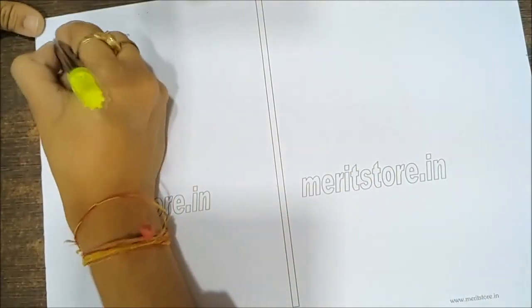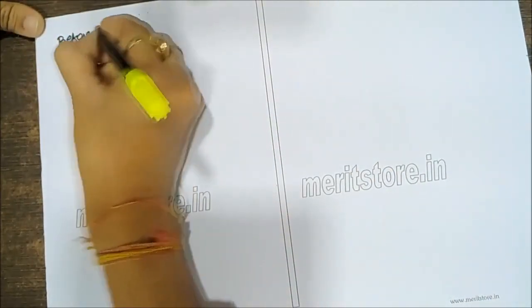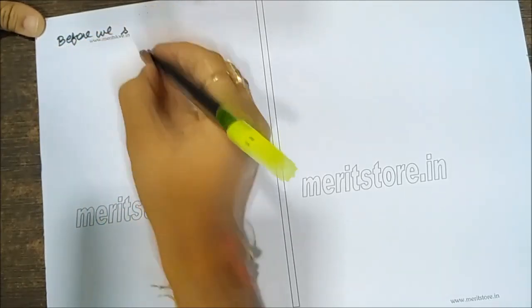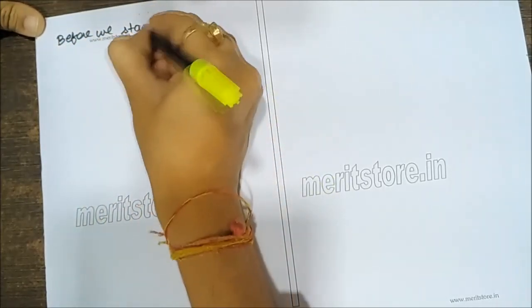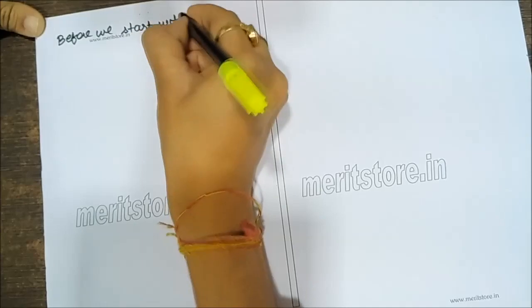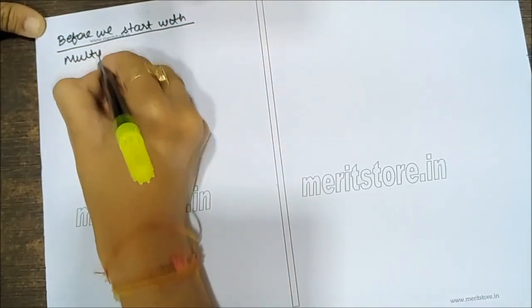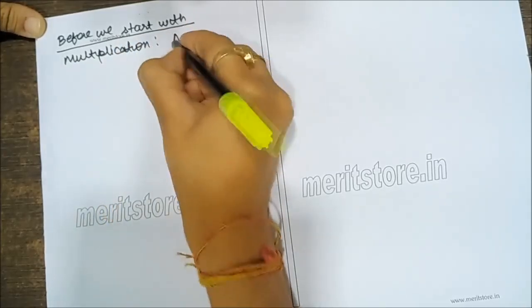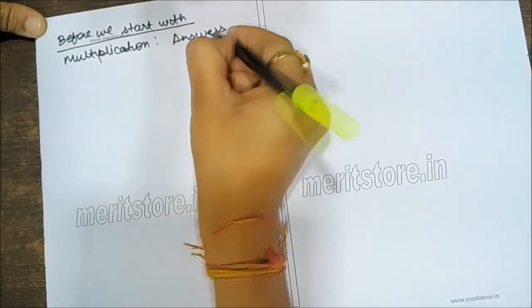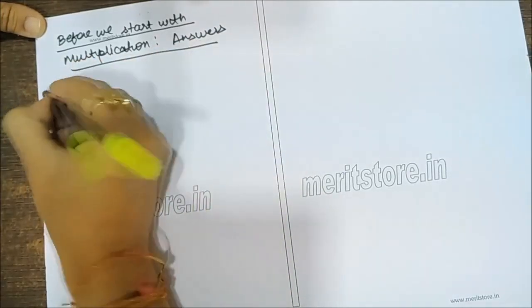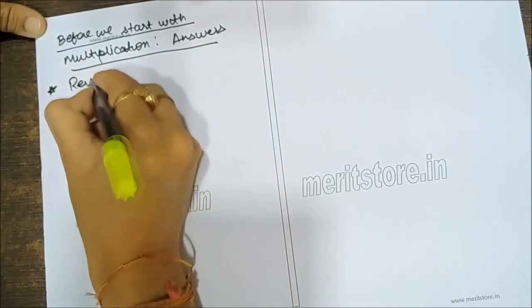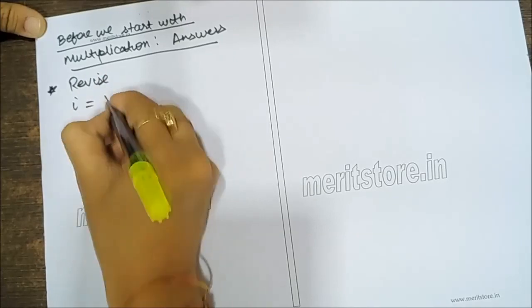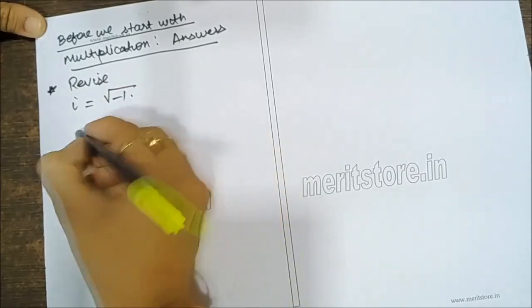Now, before we start with the multiplication and finding answers, let's revise. We have i is equal to root of minus 1.